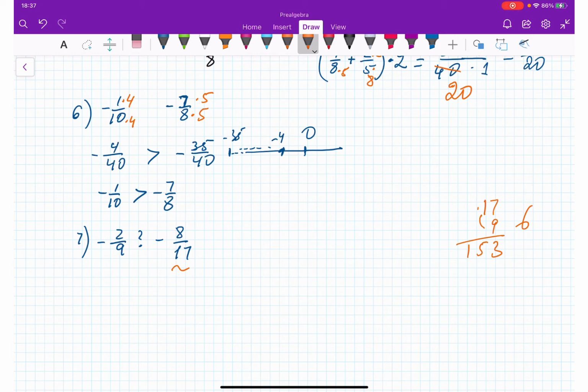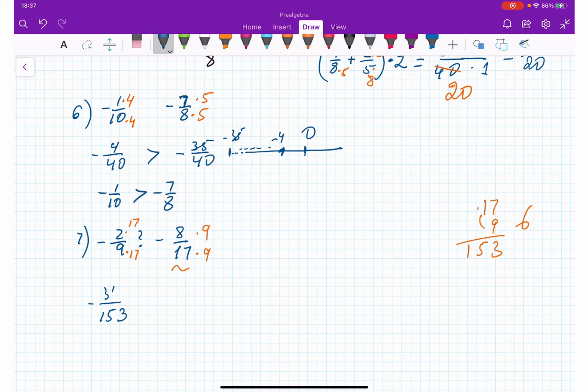So this one is multiplied by 17, and this one multiplied by 9.